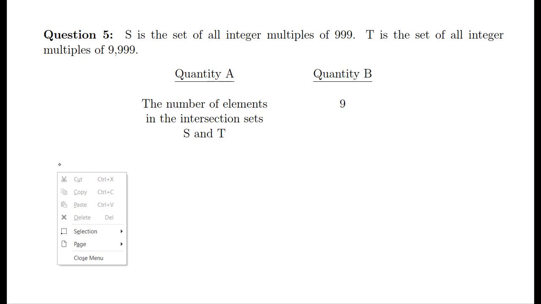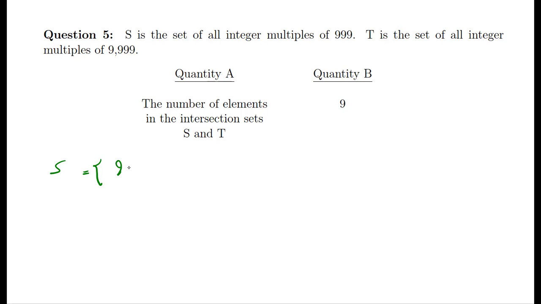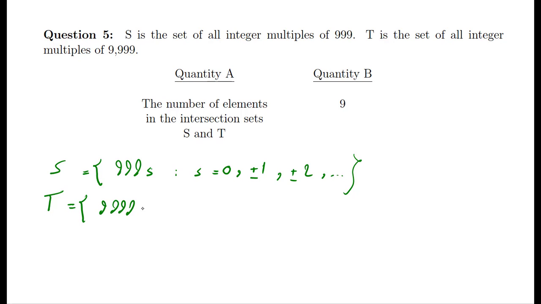Let's write mathematically what S is. S is all numbers that are 999 multiplied by an integer. This integer s can be 0, or +1 or -1. These are all integers, and so on. Also T is 9999 multiplied by an integer.